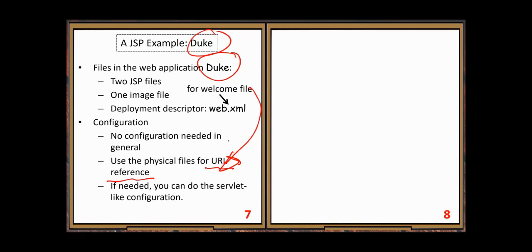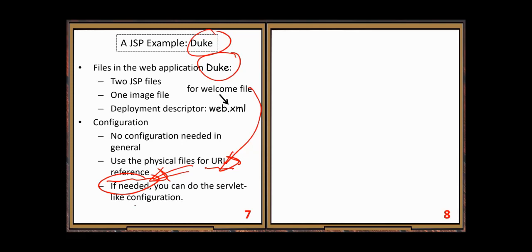If needed, this is a special situation. Sometimes we may need to do some special configuration. But under what situation do you need it? Let me tell you one special situation where we need configuration.